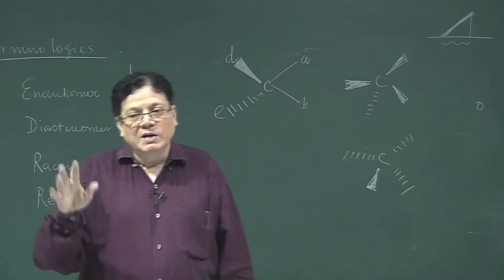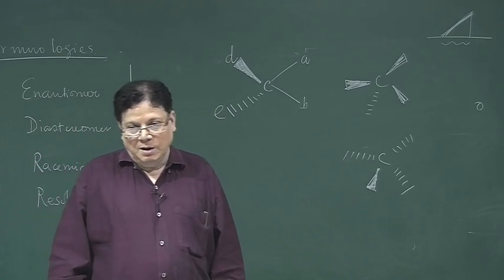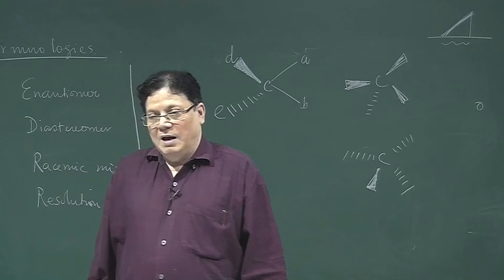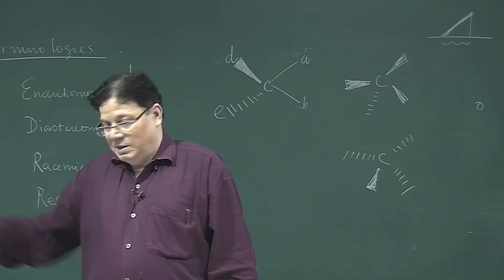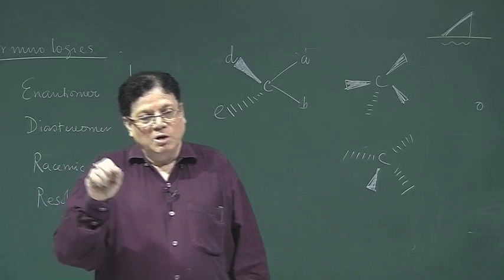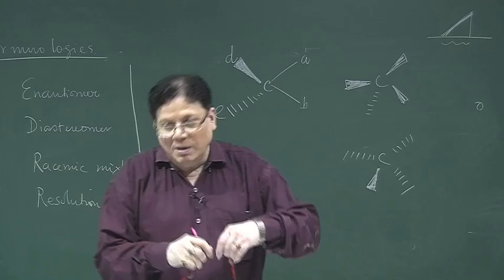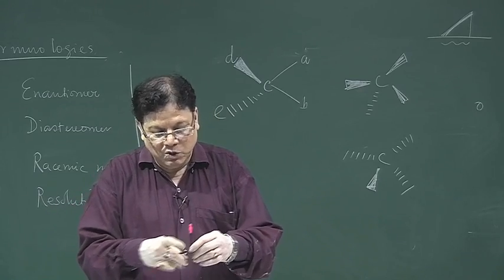Okay. So, there are 3 kinds of projection formula. The most common is the Fischer projection formula, and the others are the Newman projection formula and Sawhorse.